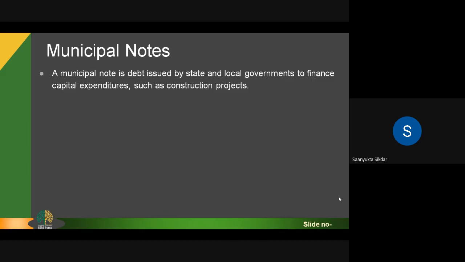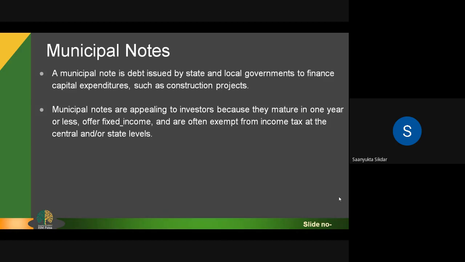Whenever a municipality decides to do some infrastructure development or construction projects in its area, it may issue these municipal notes to the general public and raise the required amount of funds from them.